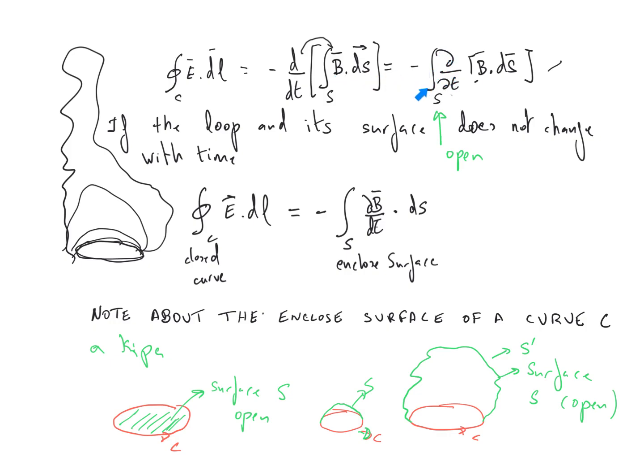So this is the Faraday law written correctly, where S is an open surface that is sustained by the curve C, and this is the partial derivative with respect to time.